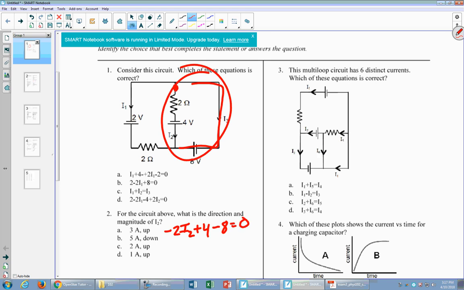That started here, went in this direction. I had negative 2I2 because I'm going with the current, plus 4 because I'm going from low to high potential, minus 8 because I'm going from high to low potential, and then I'd solve that for I2. And I2 is equal to negative 2.